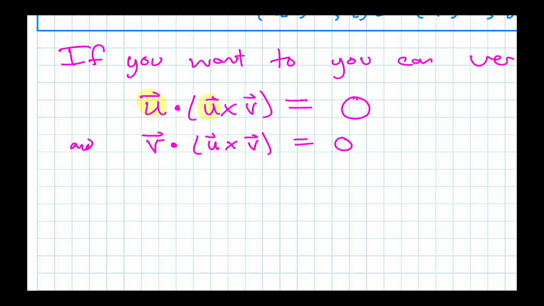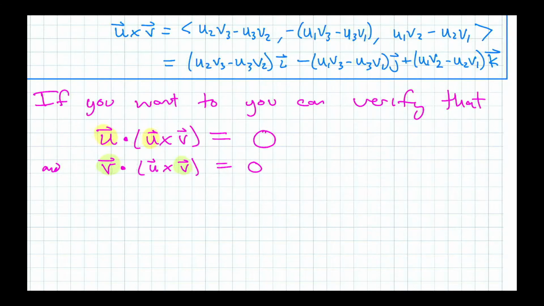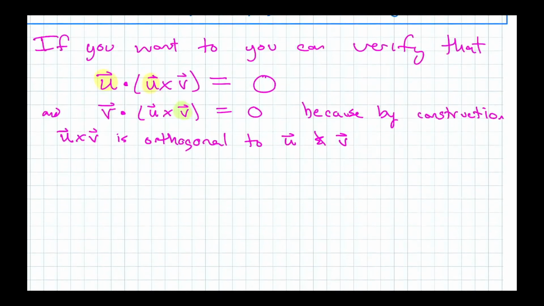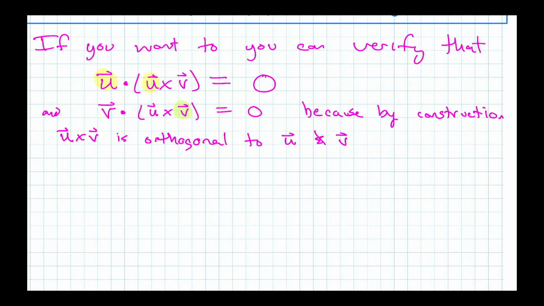By definition, the cross product is orthogonal to U and it's orthogonal to V. So guaranteed to be 0. And this is just from that basic fact: by construction, U cross V is orthogonal to U and V, and when you do the dot product of orthogonal vectors, you get 0.